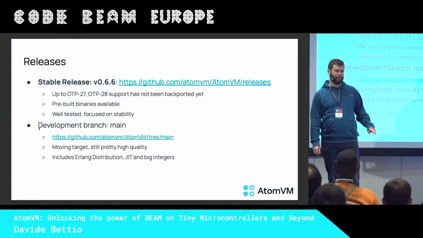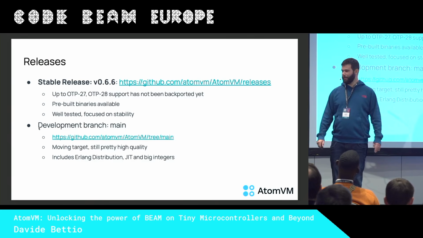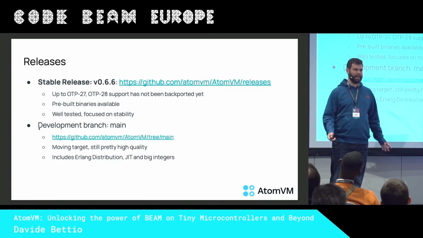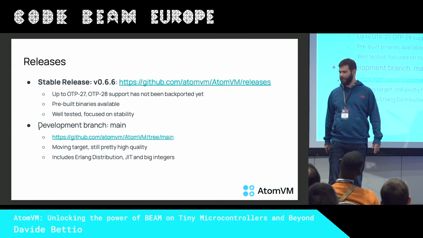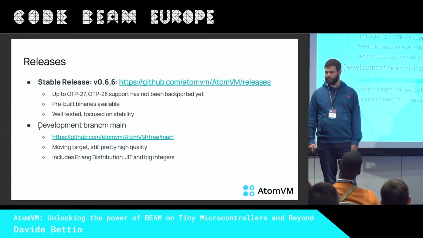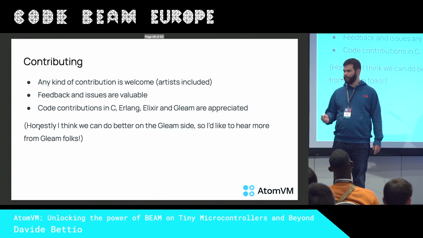And also we have main that sometimes can be a roller coaster, but a good and nice roller coaster, where we add all the latest additions, like the just-in-time compiler or Erlang distribution.